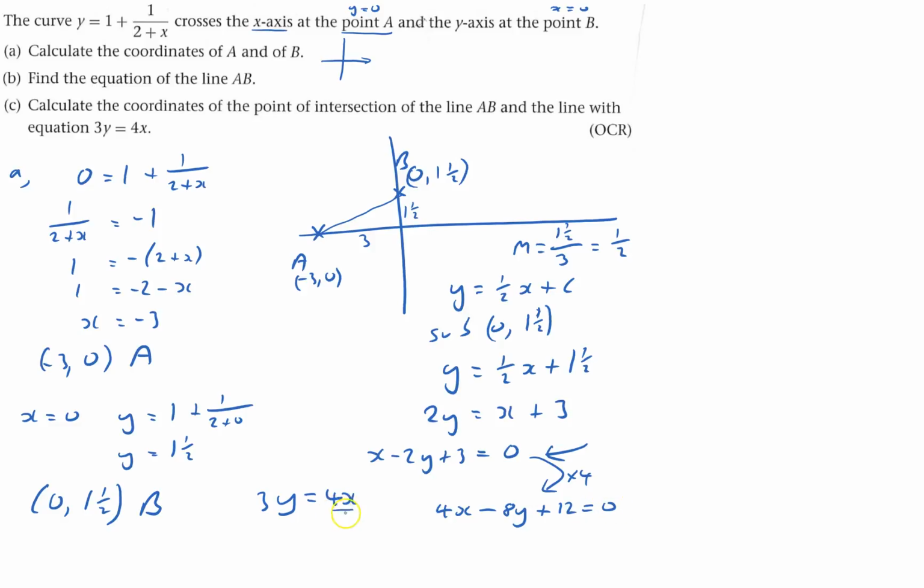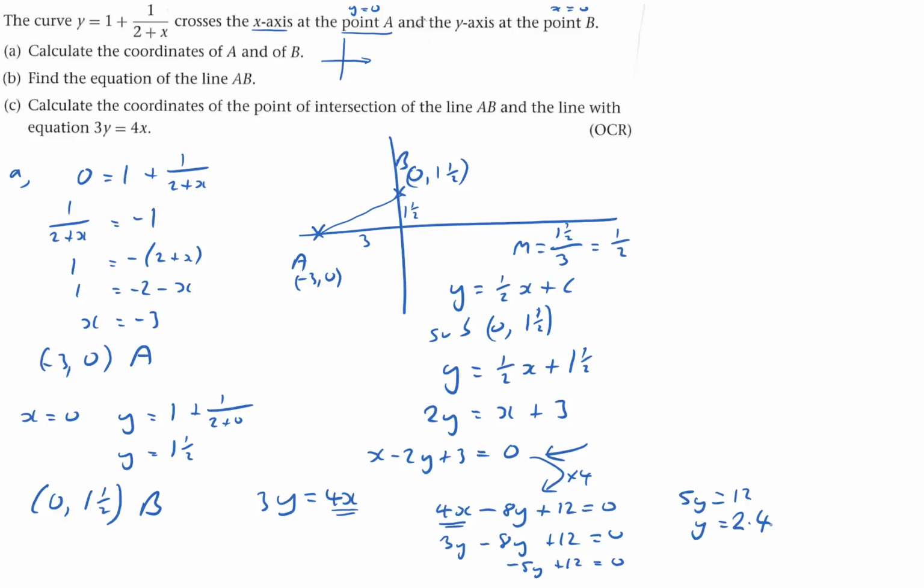And I know what 4x is, because 4x is 3y. So don't write 4x, write down 3y. So 3y minus 8y plus 12 equals 0. That's minus 5y plus 12 equals 0. So 5y equals 12, so y equals 12 divided by 5, which is 2.4.